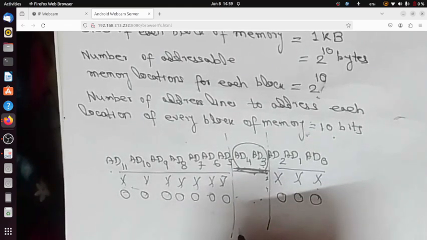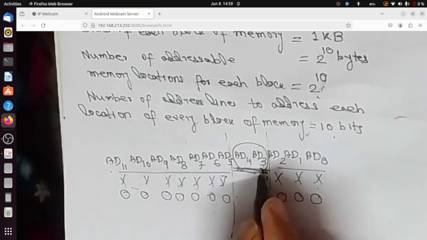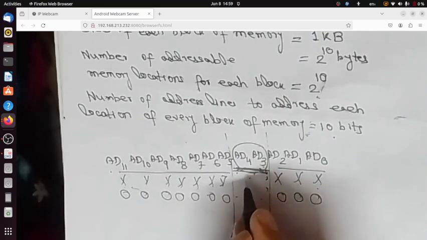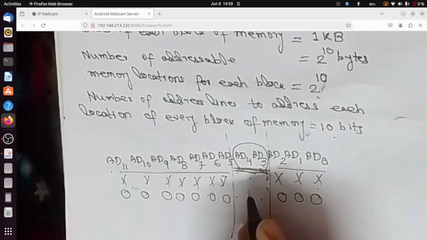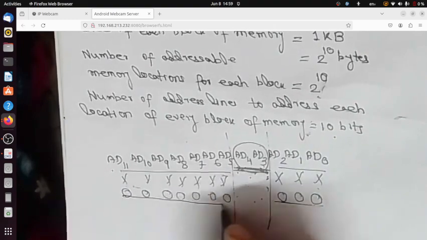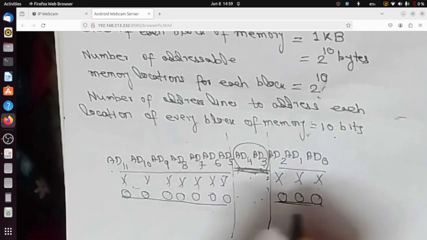Now we will see which bit combination of input address lines 3 and 4 will select which memory block. For that we have to go back to the question. The starting address, that means the lowest address for every block, will have all 10 address bits 0.